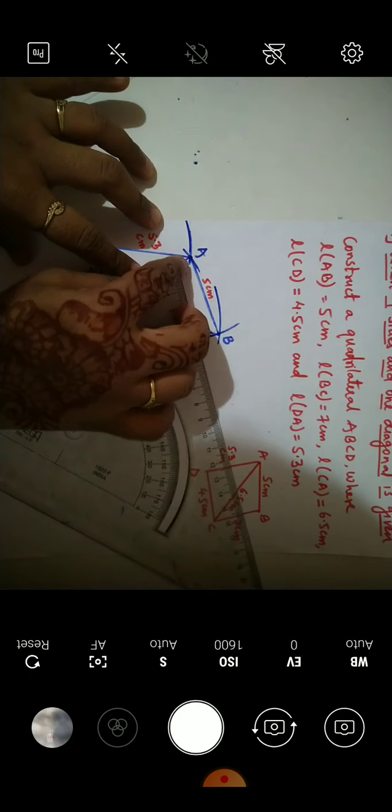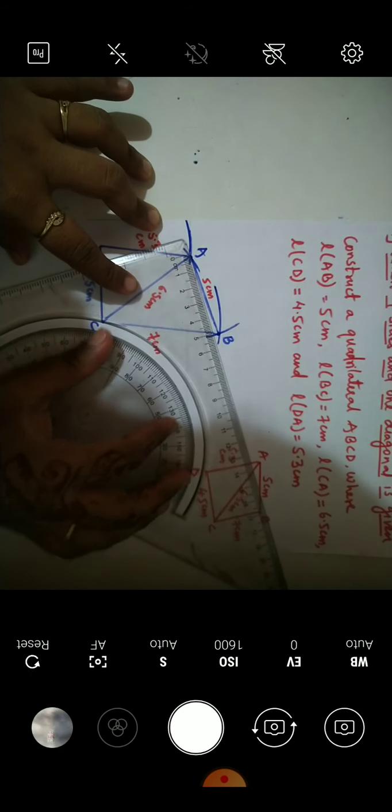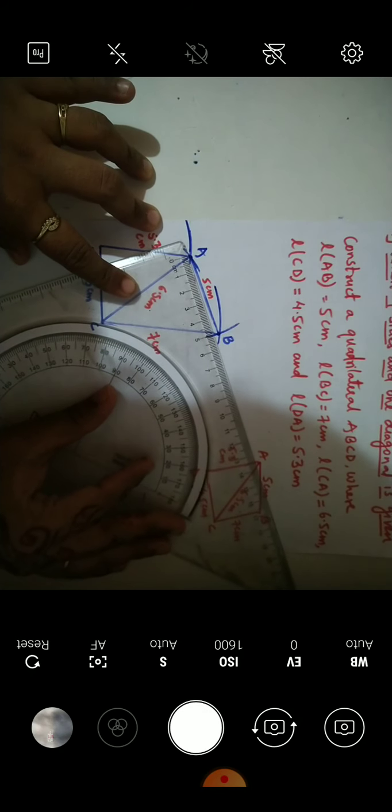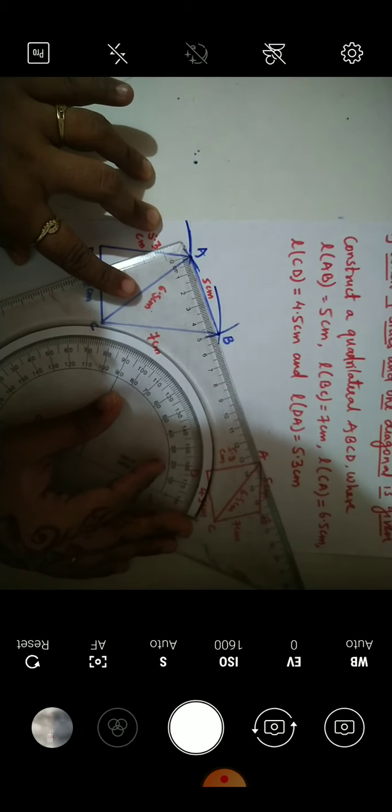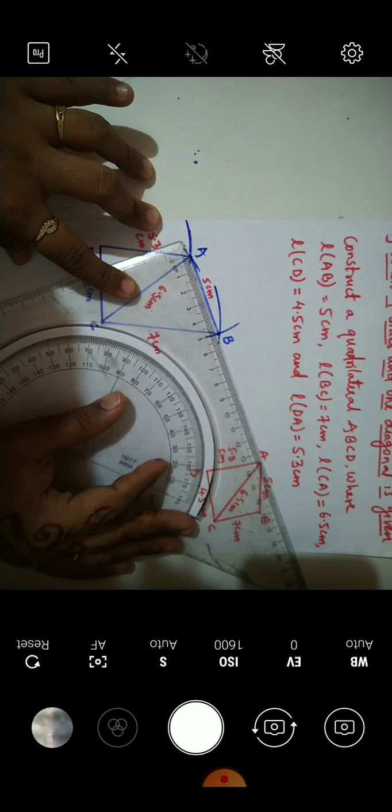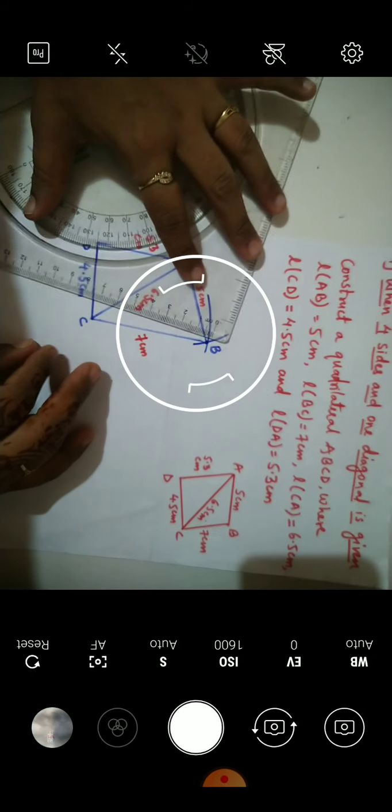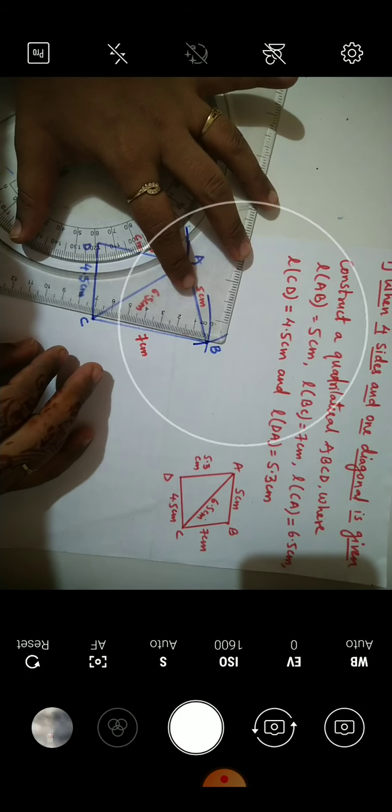If you want to check whether your construction is correct or not, you can measure it with the scale and verify. As this is 5 centimeter, check whether it is 5 centimeter or not. Yes, it is exactly 5 centimeter. This I have labeled 7 centimeter. Let's measure whether it is 7.